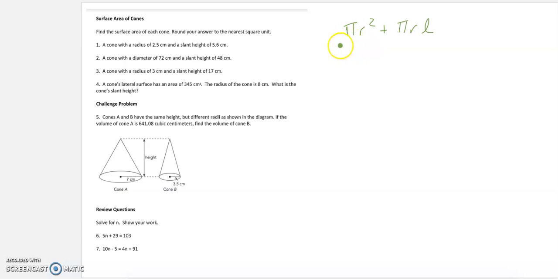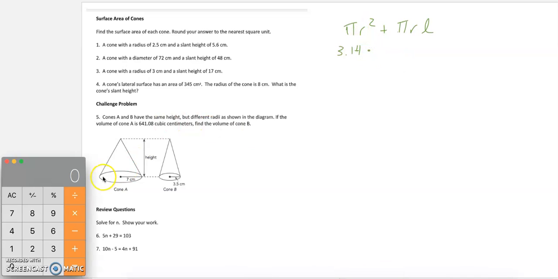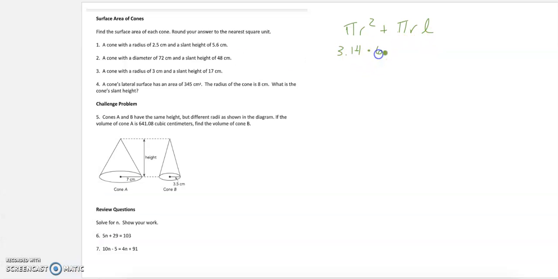All right, so let's fill in what we know. So we know pi is 3.14 times the radius squared. The radius is 2.5, so 2.5 times 2.5 is 6.25.